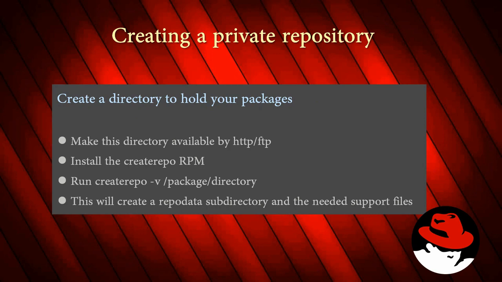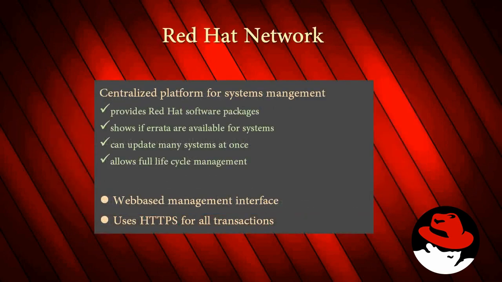You have to provide your directory for the packages, and the repository will be created in the repodata subdirectory with the needed support files for the directory to be a repository.